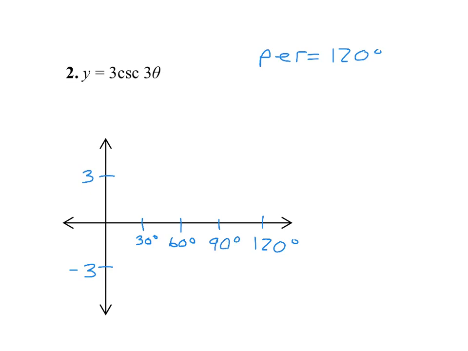Okay, so sine is the reciprocal of cosecant. Sine starts at the middle. So I'm going to graph the key points for sine. Sine starts at the middle, then goes upstairs, back to the middle, downstairs, and back to the middle. So I would connect that if I was doing a sine graph, but I'm not doing a sine graph, I'm doing a cosecant graph.